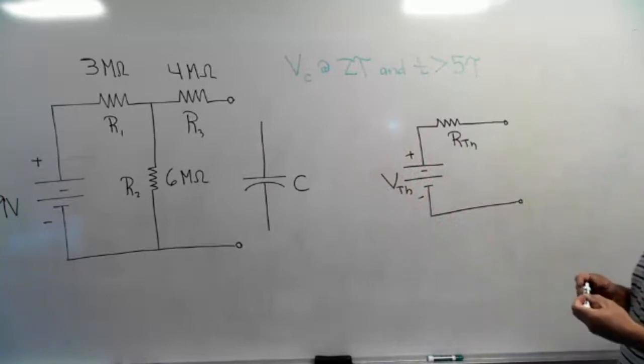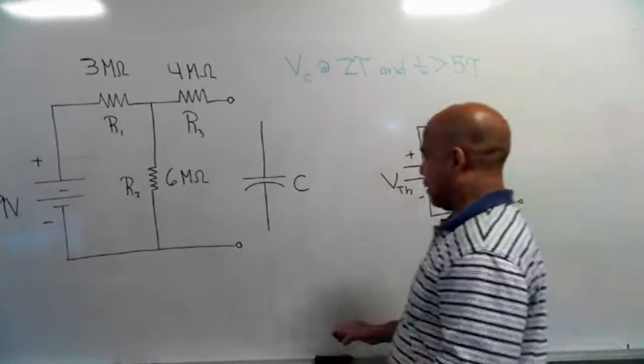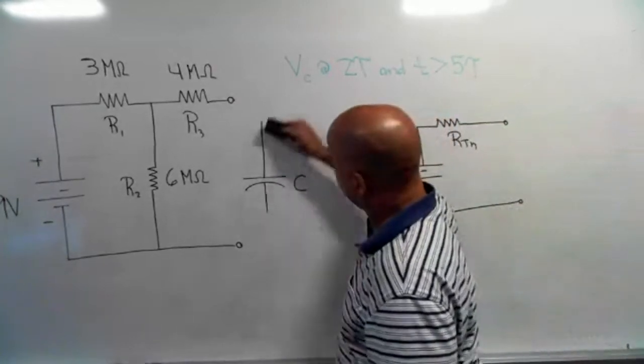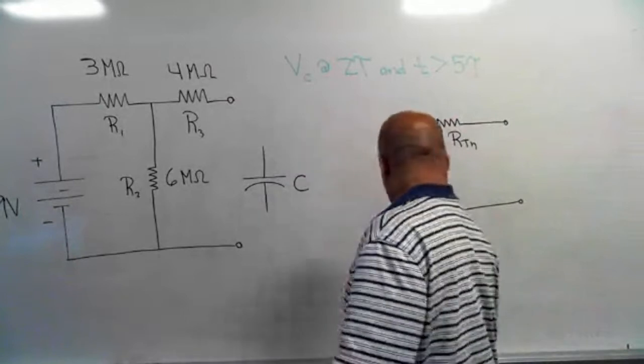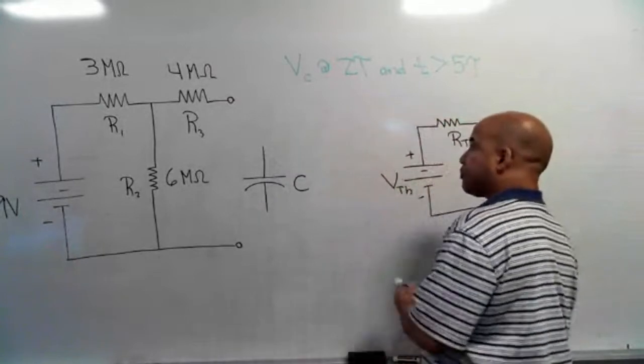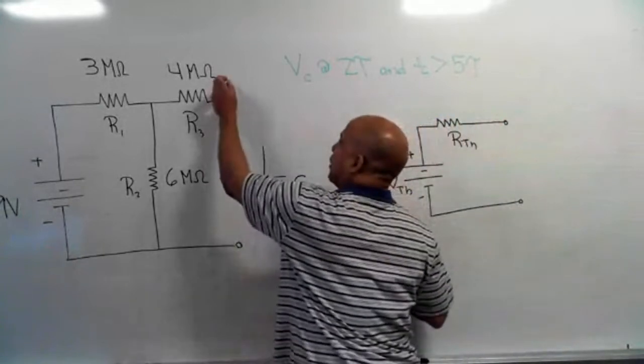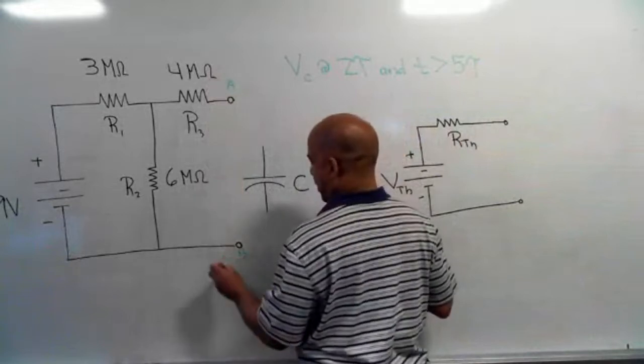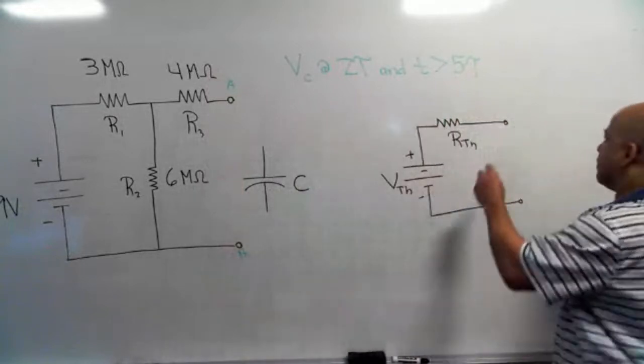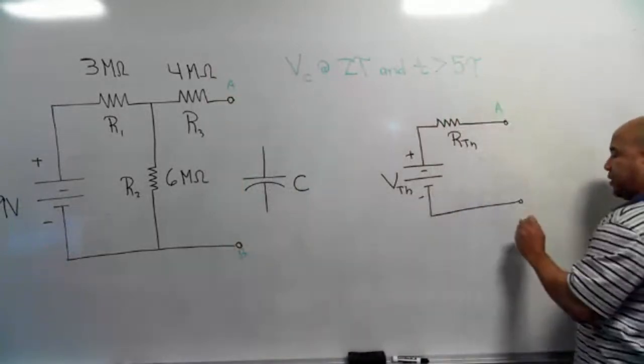All right, so when you Thevenize, you remove the load, mark the terminals, call them A and B. Then we have A and B in the Thevenin circuit.